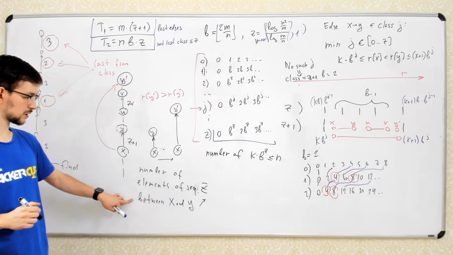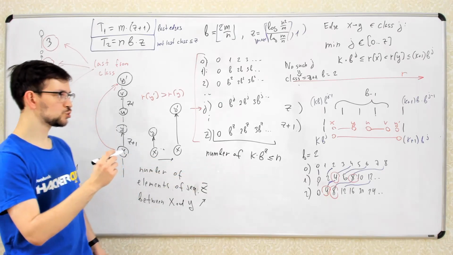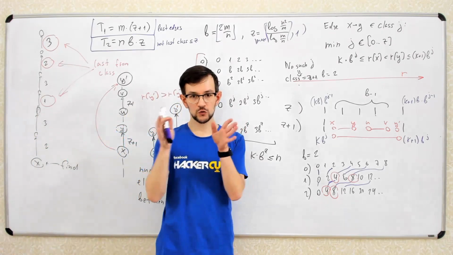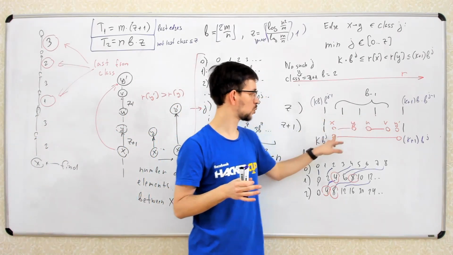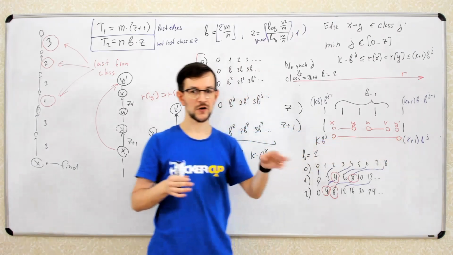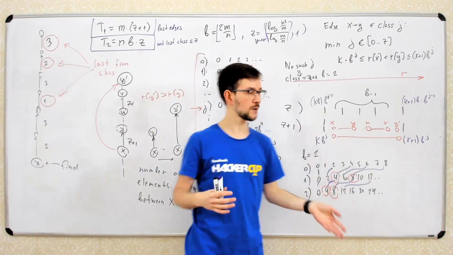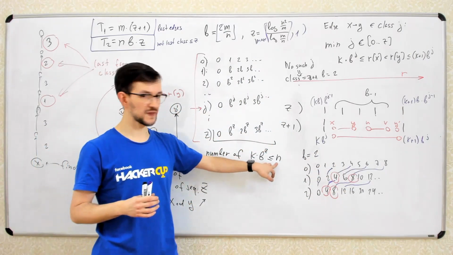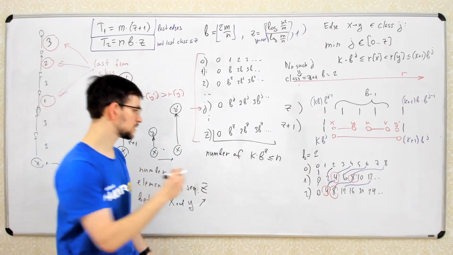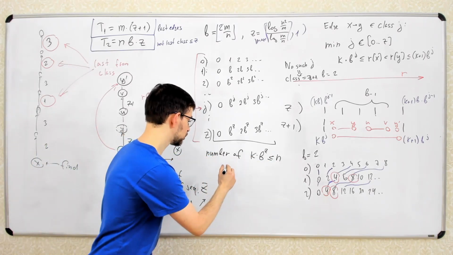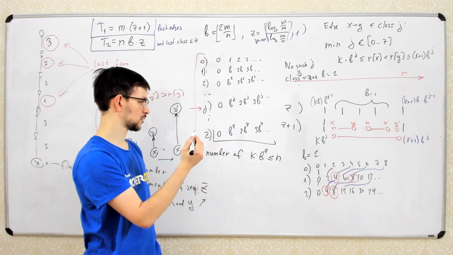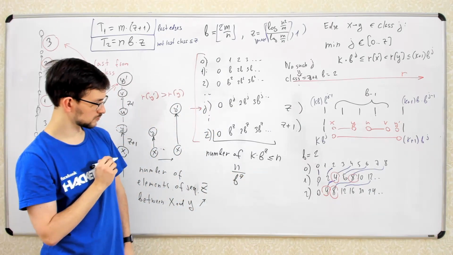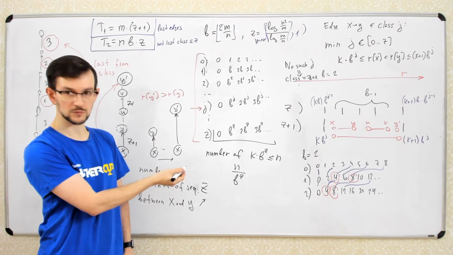Because rank is at most n. So we need to fit some of these values between rank of x and rank of y. Rank of y is at most n. So let's find the number of elements in the last sequence which are no more than n. No, it's easy. It's n divided by 2, right?